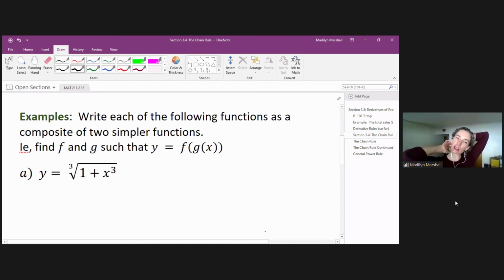Okay, so our instructions are to write each of the following functions as a composite of two simpler functions. What that means is that we want to find f and g such that y equals f of g of x.